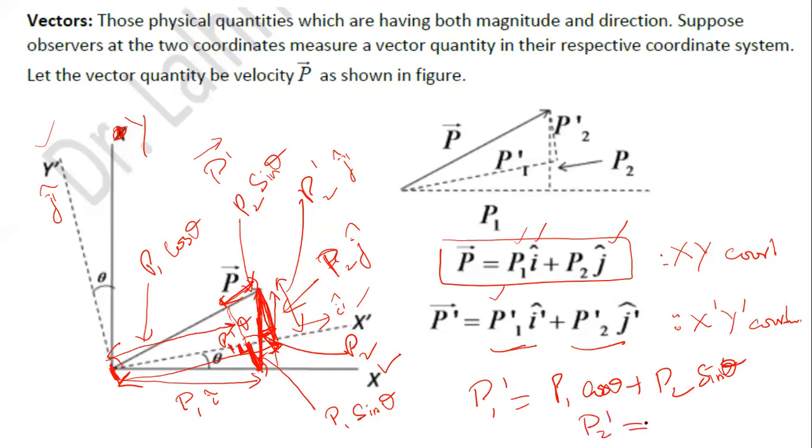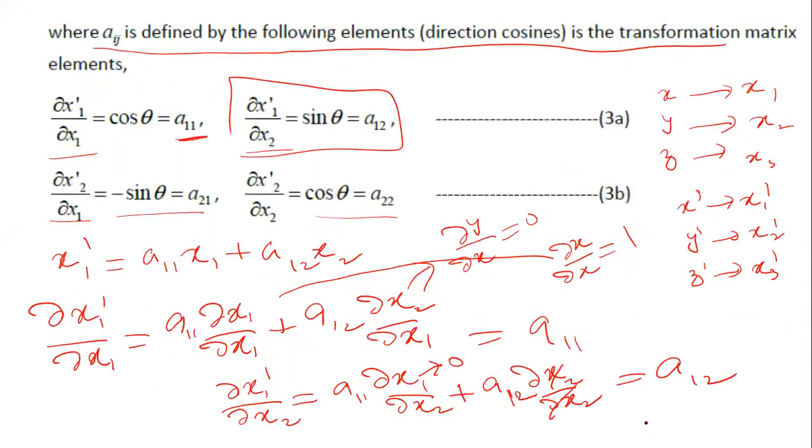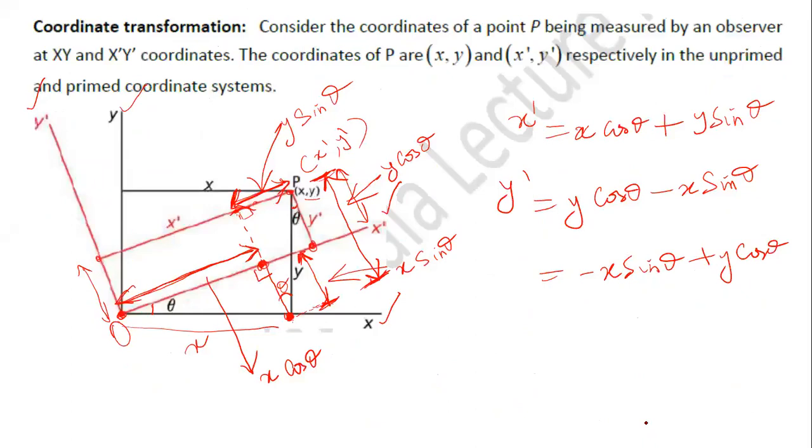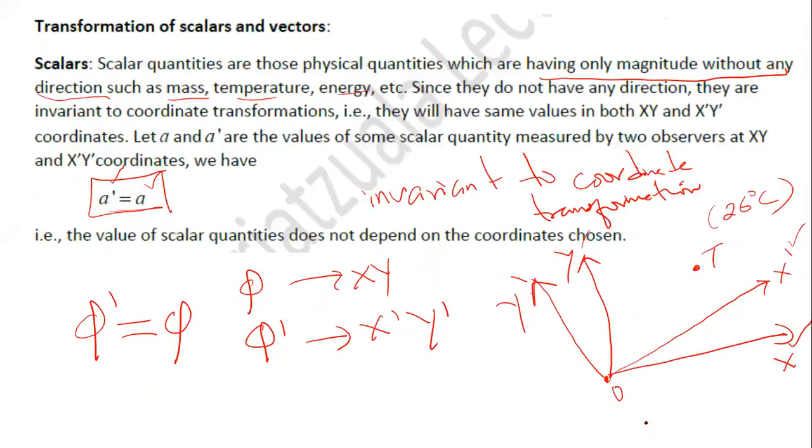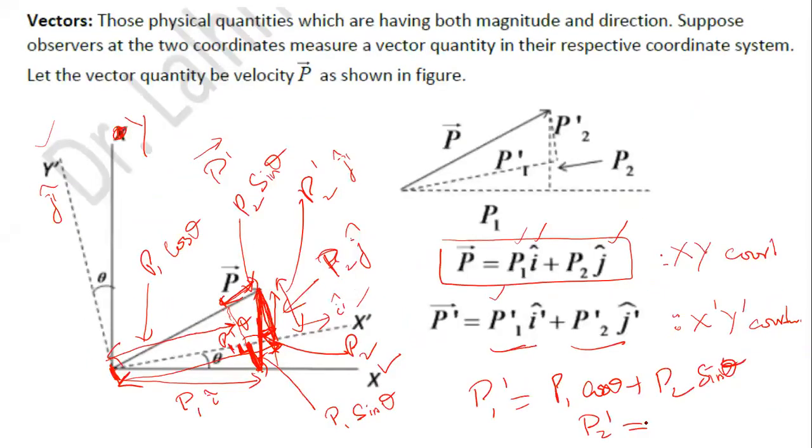If you look at this geometry again, like we already explained in this coordinate transformation, you have to work out the geometry in order to understand it. If you work out the geometry here, you will find that P2 prime is minus P1 sine theta plus P2 cos theta.